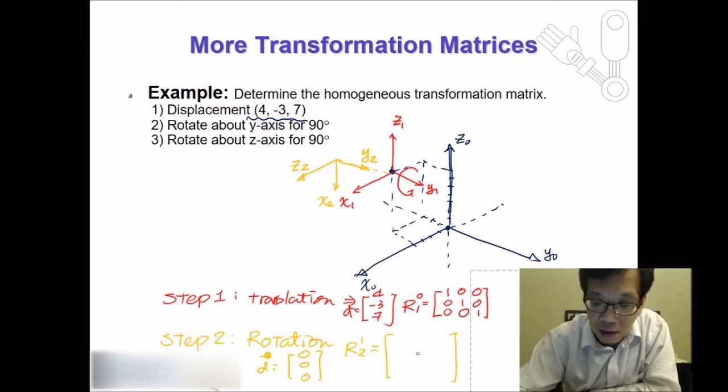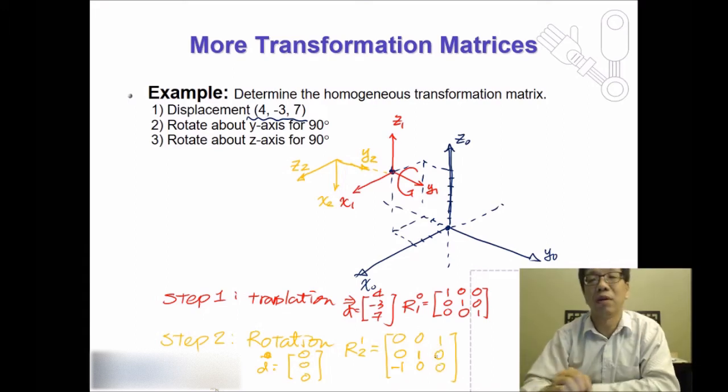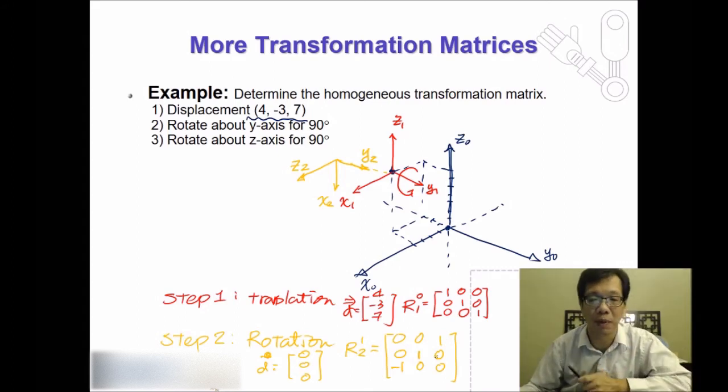And y is going to be the same direction, so it is clear. The second column of this matrix is going to be 0, 1, 0. And x2 has been pointed to the negative z1 direction, so it's going to be negative 1 over here, and the other components, they are zeros. For the z direction, the z2 has been rotated from the original z1 to the x1 direction. So we're going to have 1, 0, 0 over here. So this is going to be my second step.